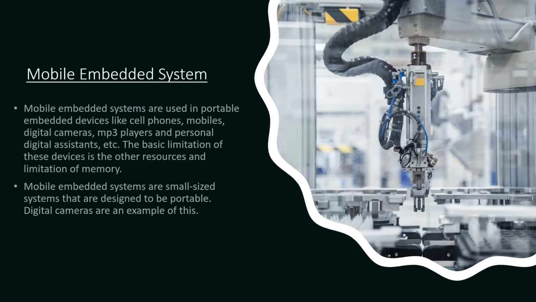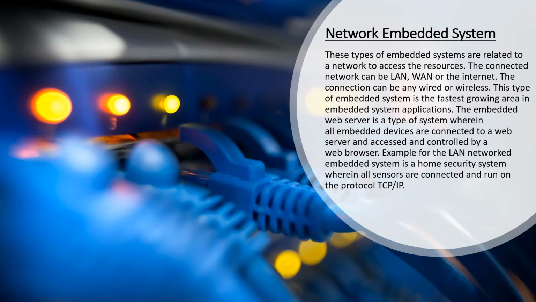They are used in smartphones, mobiles, and digital cameras, for example. As for network embedded systems, as the name suggests, we use these in LAN, WAN, or the internet. These embedded systems provide connectivity between the web server and the browser, following certain protocols like TCP and IP.